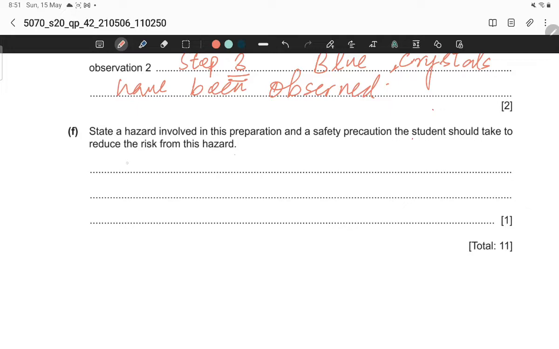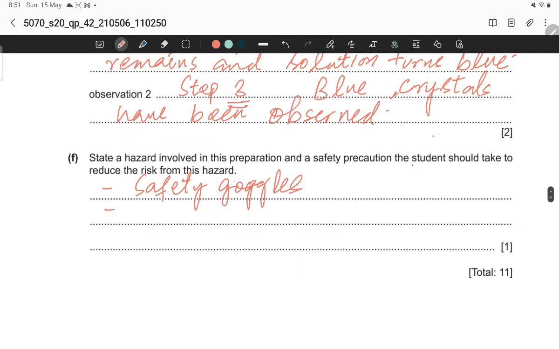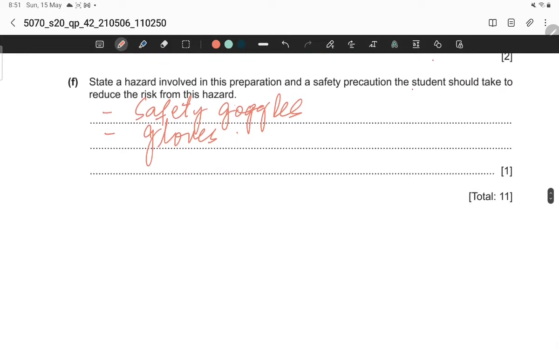Because we are using acid and acid is corrosive, and heating is involved, we can use safety goggles, and because heating is required we can use gloves, and copper salts are toxic, so should not taste the salt.